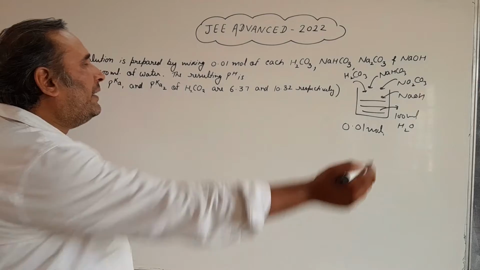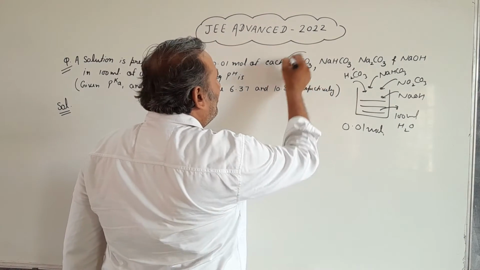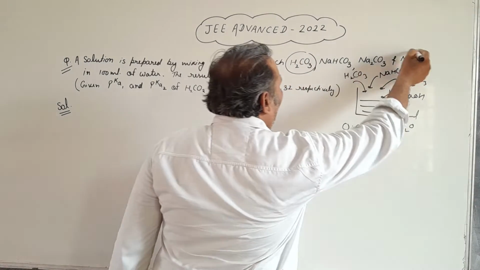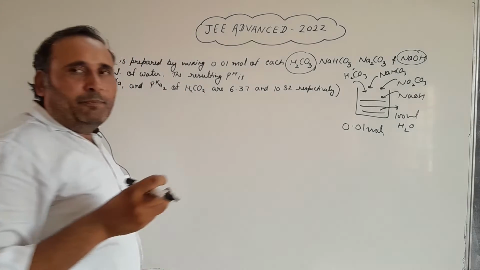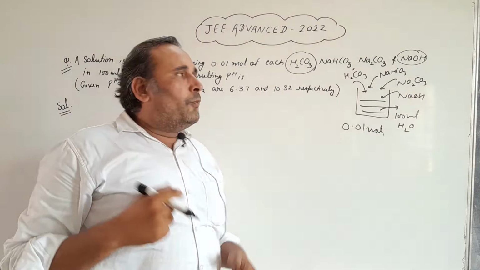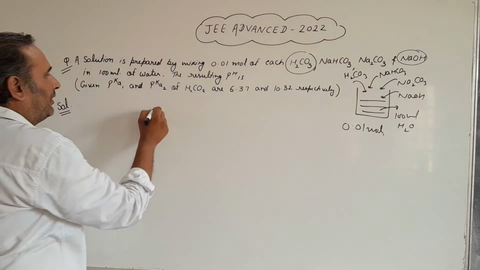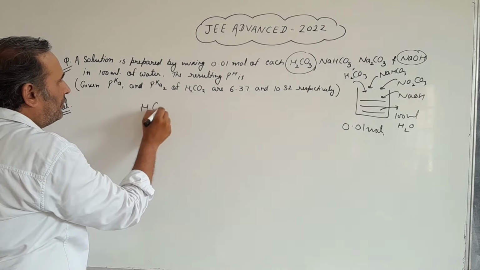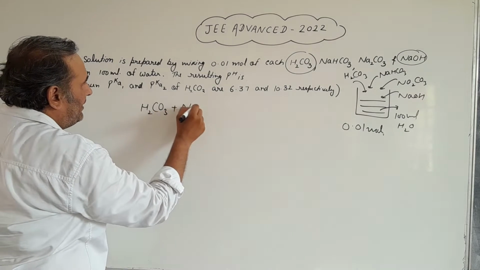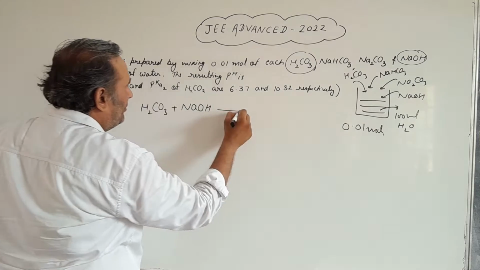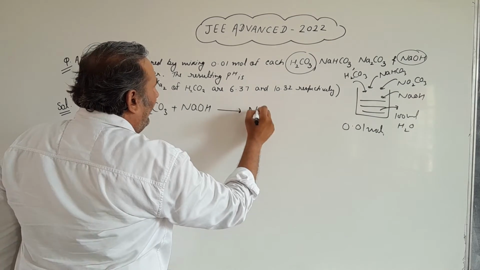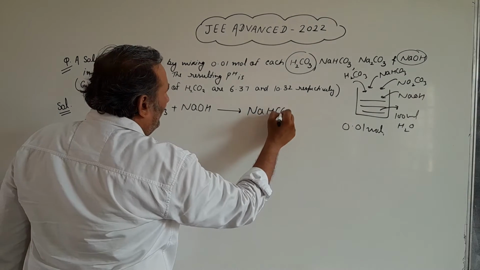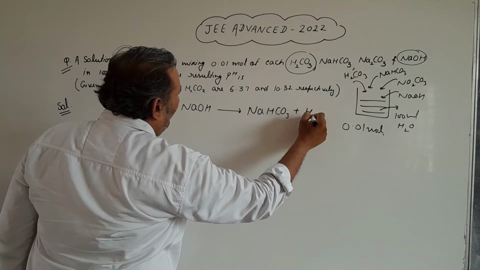So first of all, we can understand that H2CO3 is acid as well as NaOH is base, and both will react together to form salt and water. So first of all, H2CO3 and NaOH in solution react to each other and produce NaHCO3 plus water.